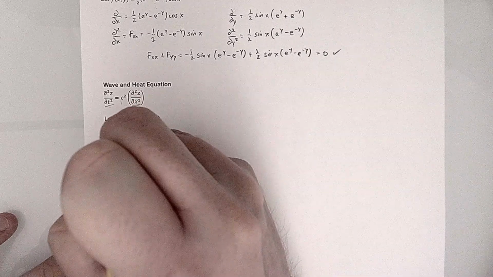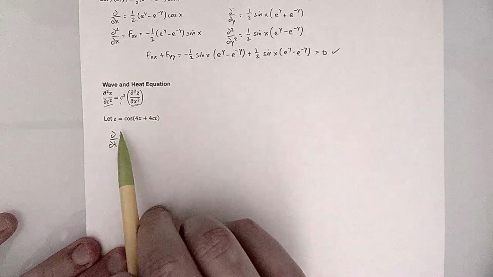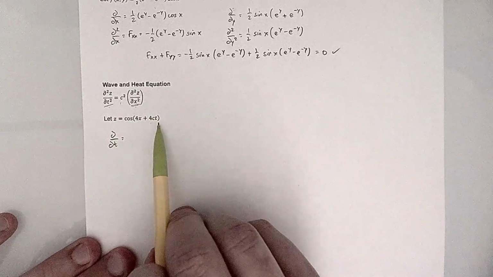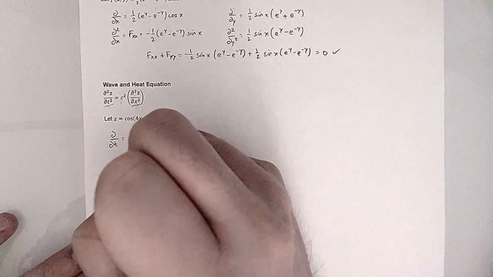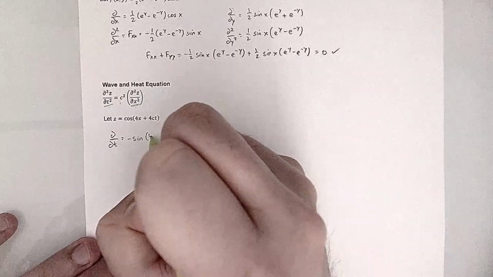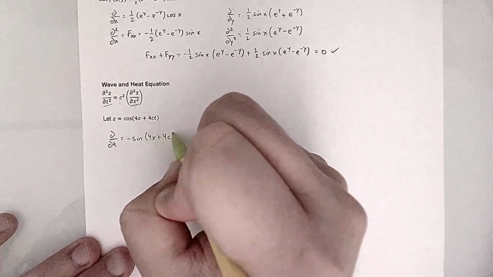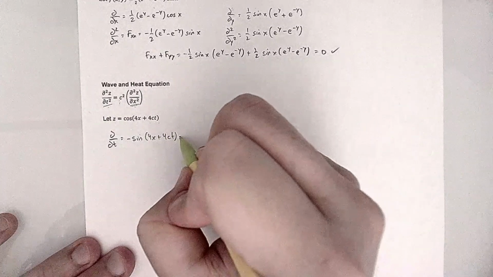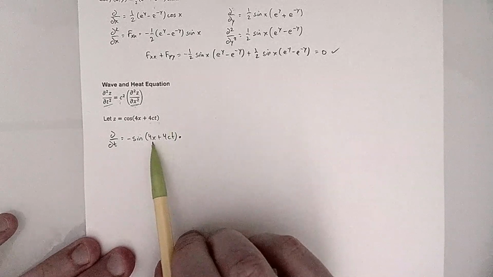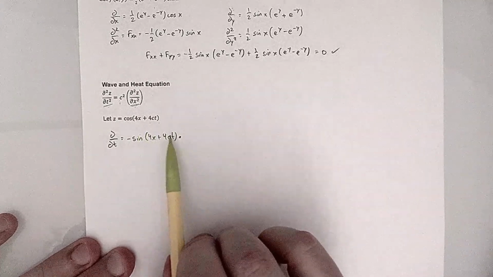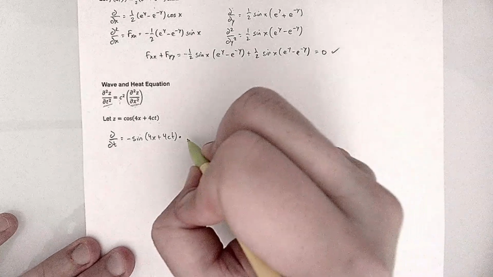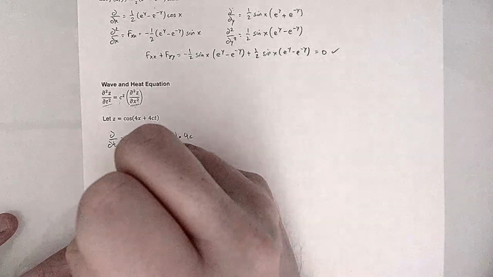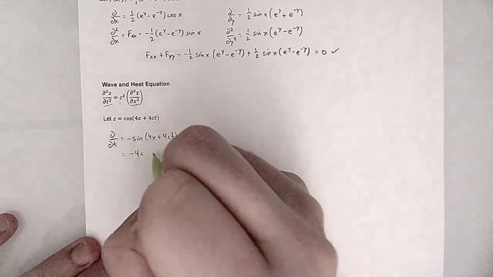First, we find our first derivative with respect to t. Well, cosine of 4x plus 4ct. So remember the chain rule, we're going to take negative sine of 4x plus 4ct, and we're going to multiply it by the derivative of this with respect to t, which is, this is 0, this becomes 4c. So we'll just rewrite that real quick.